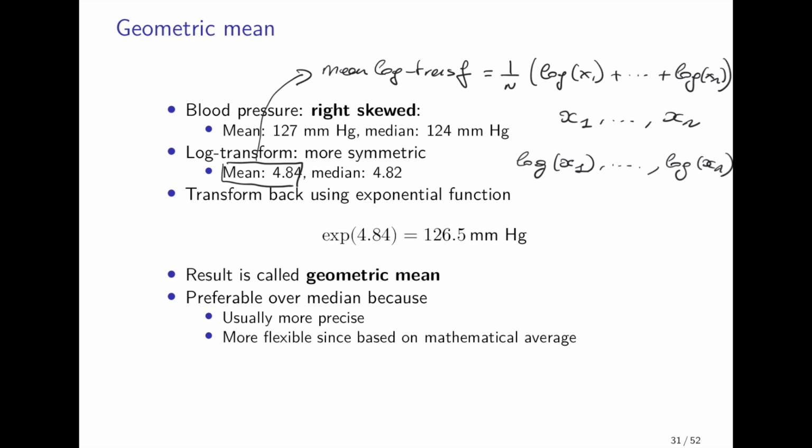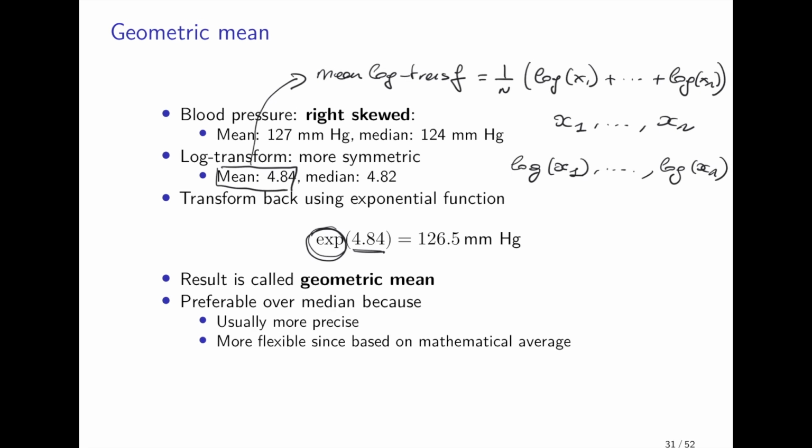You take the exponential. So we take our mean of the log transform data, that's 4.84, and we take the exponential of that. And that gives us 126.5, and now the units work out, of millimeters of mercury.